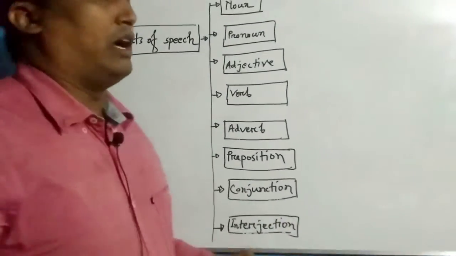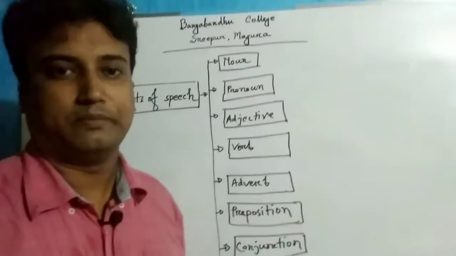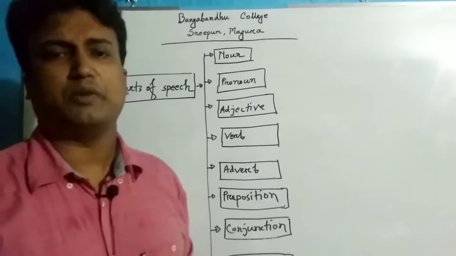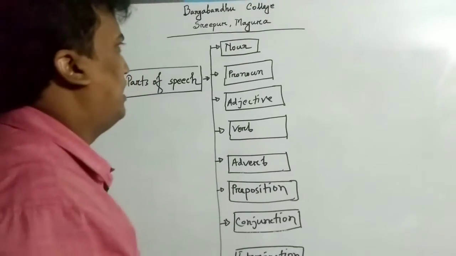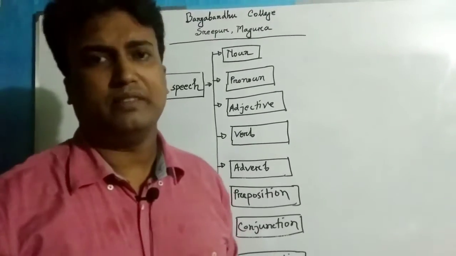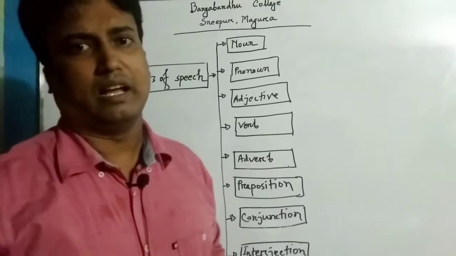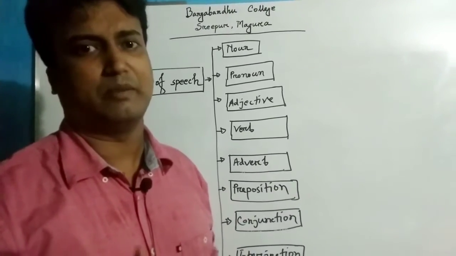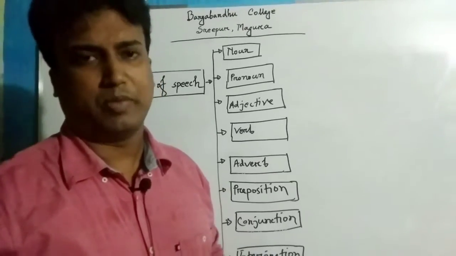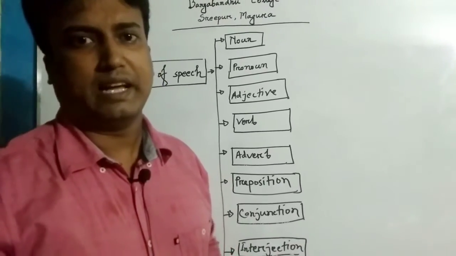So, what is the noun actually? Noun is actually the naming word. Noun is the word which indicates the name of something, that is the person, thing, place, or idea.